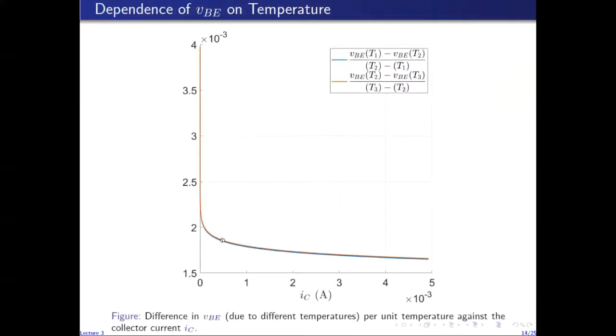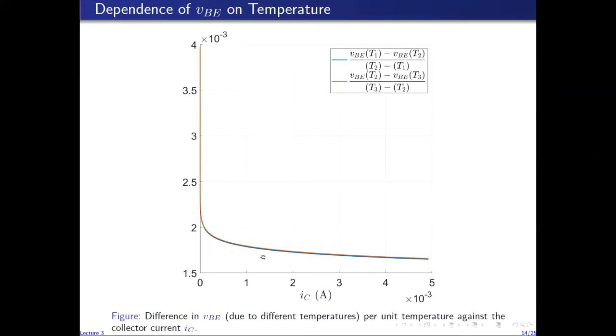The blue curve, for example, shows that the change in VBE due to temperature per unit temperature is about 1.6 to 1.75 millivolts per degree C. Similarly, this orange curve shows that the change in VBE per unit temperature is again about 1.6 to 1.7 millivolts per degree C.